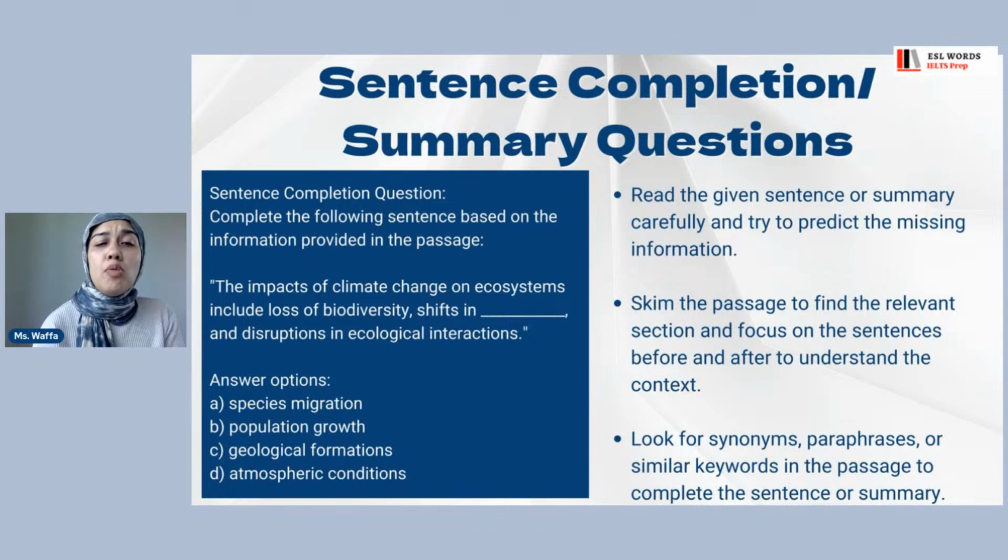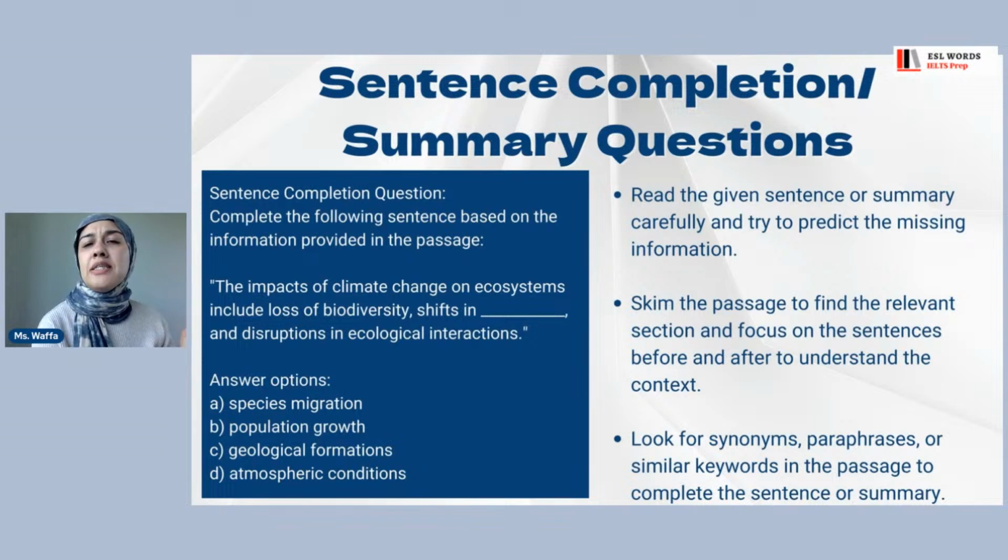And remember one thing, guys, you will find this throughout the passage. So you need to make sure you are, in fact, familiar with this. And the steps that I highly recommend you to follow for the sentence completion is to read the given sentence or summary carefully.